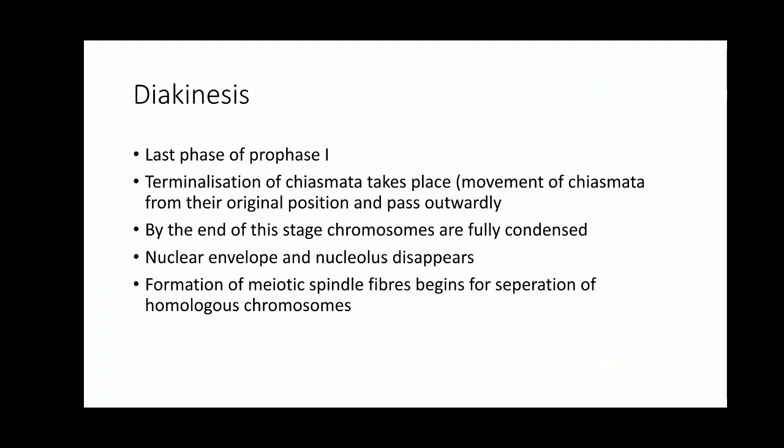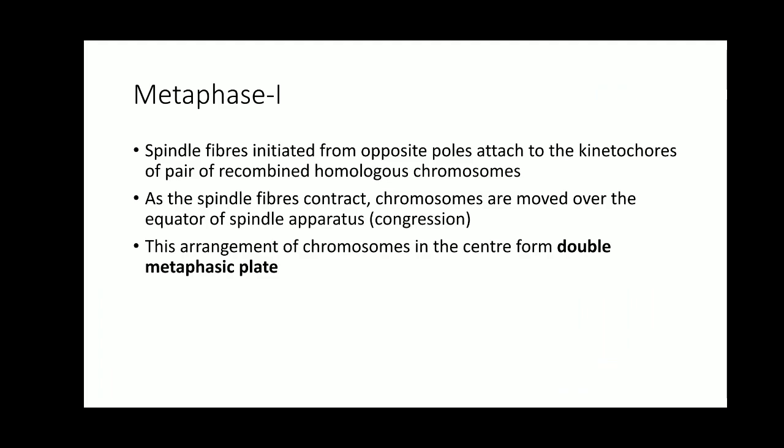So these are the events that are going to take place in the diakinesis stage, right? That is, it is the last phase and the terminalization of chiasmata has taken place, and by the end of this stage chromosomes are fully condensed, nucleolus and nuclear envelope are going to disappear, and the formation of meiotic spindle fibers begins for the separation of homologous chromosomes.